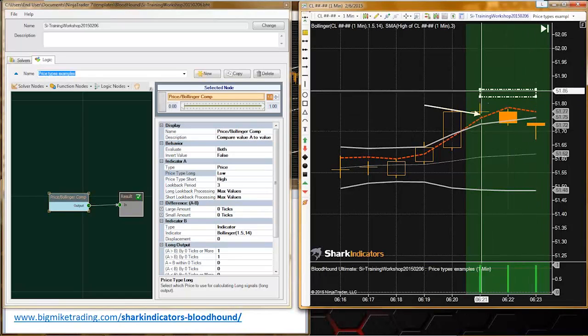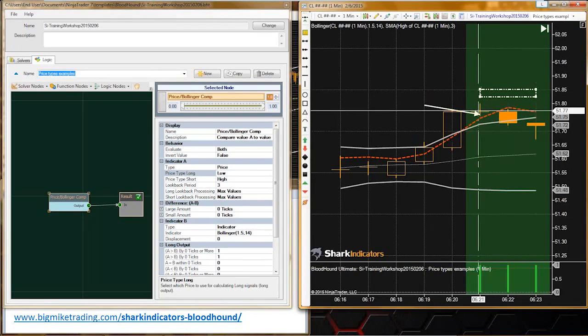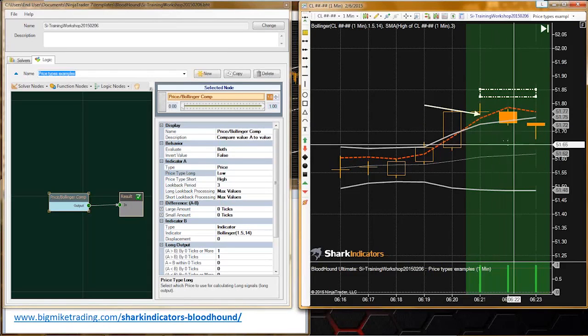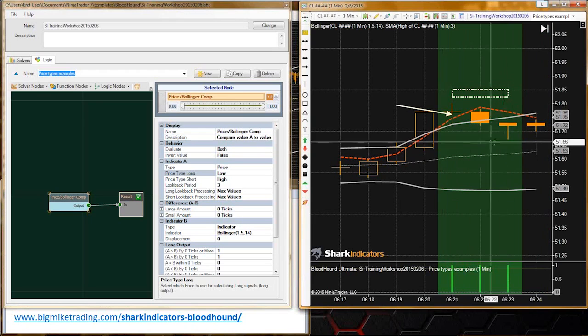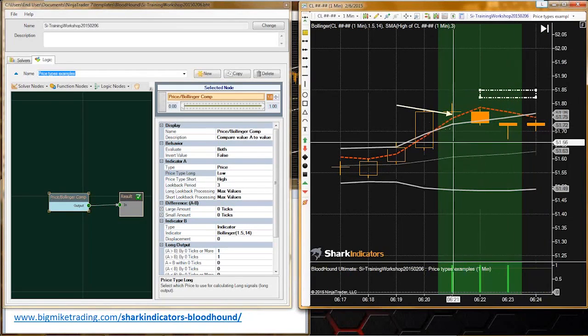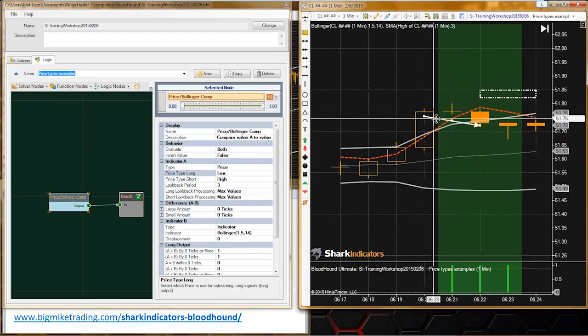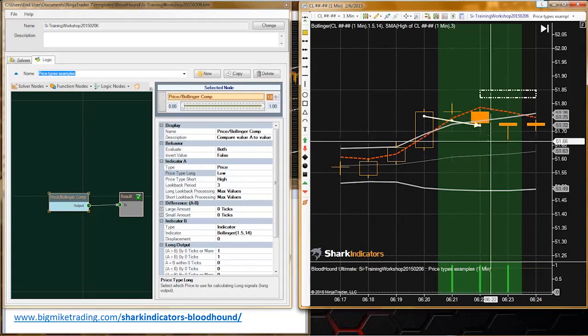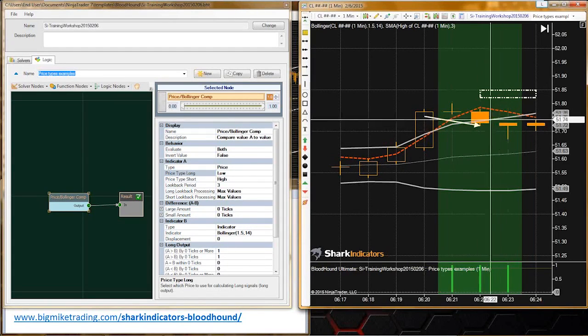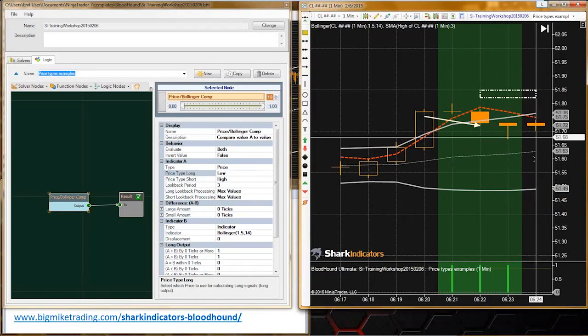In our look back period, this doji is still included, and so the highest low out of all three of these bars is still above the upper band. And if we step forward one more, I think that is our highest low, which is below the band. It's below that band, so there's no output on this bar.